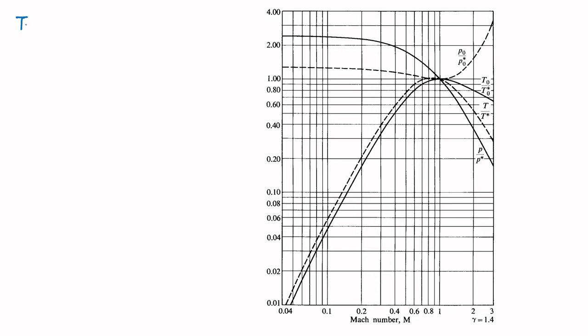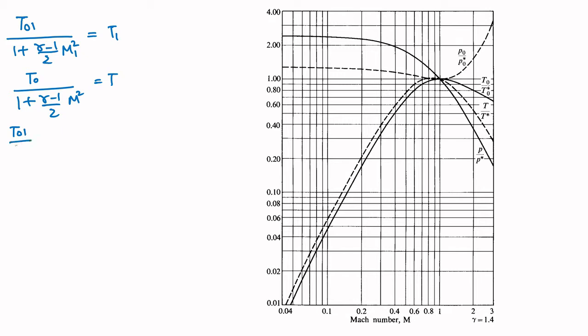So we can write that T01 divided by 1 plus gamma minus 1 by 2 M1 squared is equal to T1, and T0 divided by 1 plus gamma minus 1 by 2 M squared is equal to T. So we can write the ratio T0 by T01 as T1 by T times 1 plus gamma minus 1 by 2 M1 squared over 1 plus gamma minus 1 by 2 M squared.